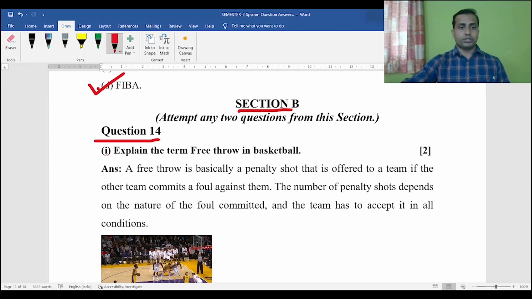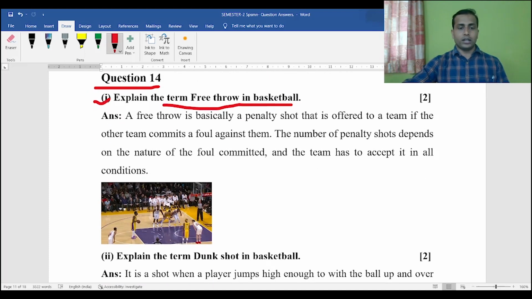Fine. The first question: explain the term free throw in basketball. Everybody knows how to do a free throw, which you can see in this video. This is the position to take a free throw. A free throw is basically a penalty shot that is offered to a team if the other team commits a foul against them.